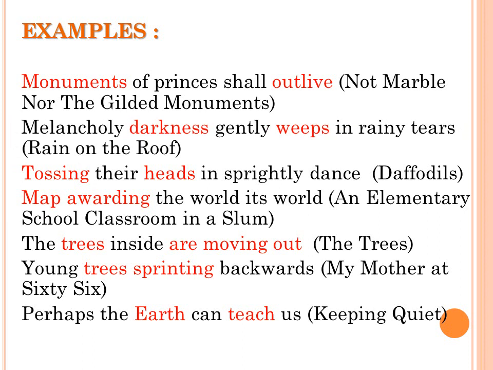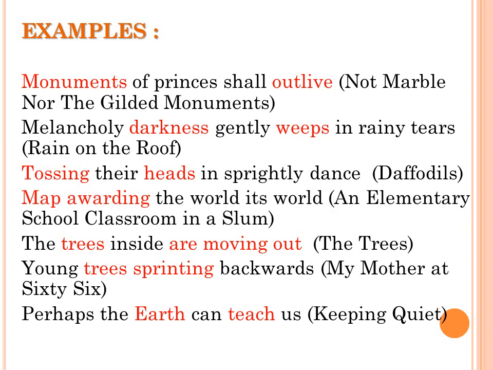Melancholy darkness gently weeps. Darkness is presented to be a lady who is weeping. Tossing their heads in sprightly dance. Daffodils are tossing their heads. Daffodils are flowers, they cannot have heads. That is why this is personification.